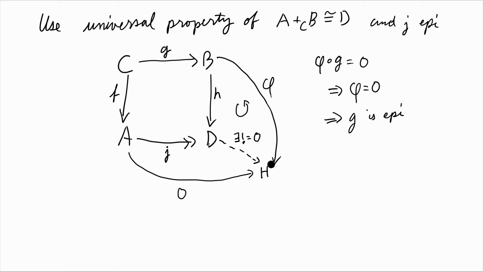And guess what? 0 works. So since 0 works right here, and we know that this 0 morphism precomposed with H right here is the 0 morphism, and since this is equal to phi, that shows us that phi is 0. Therefore, G is an epi.